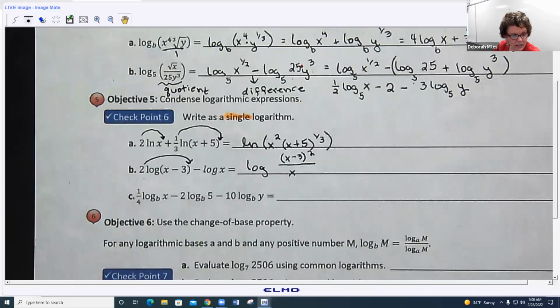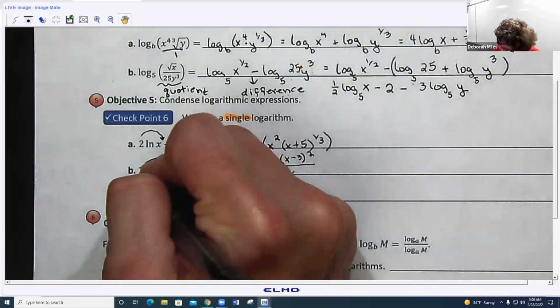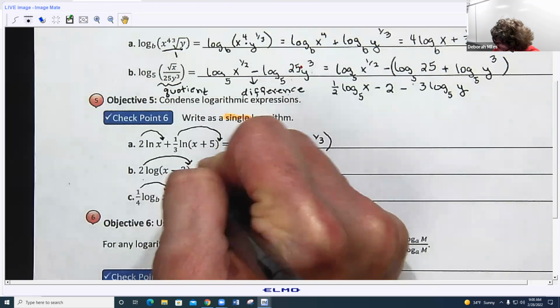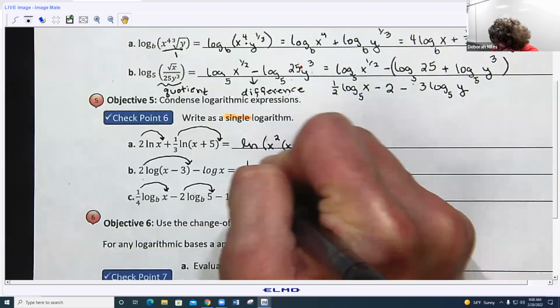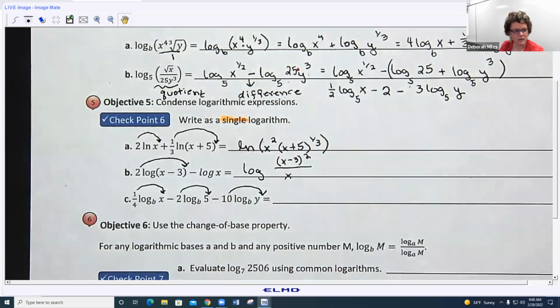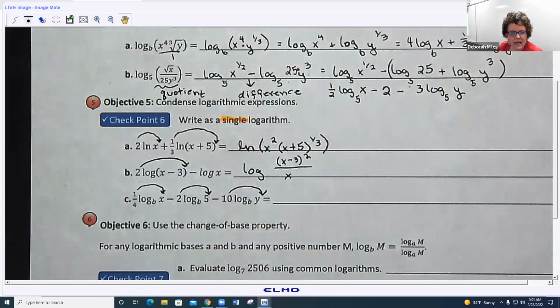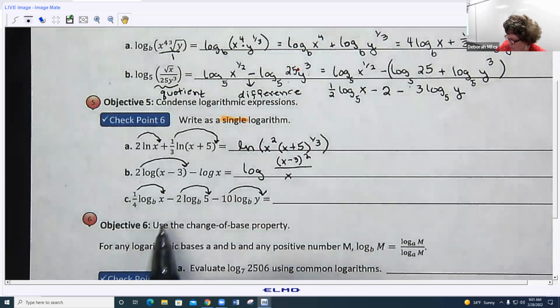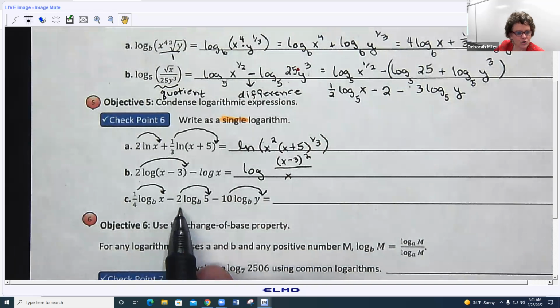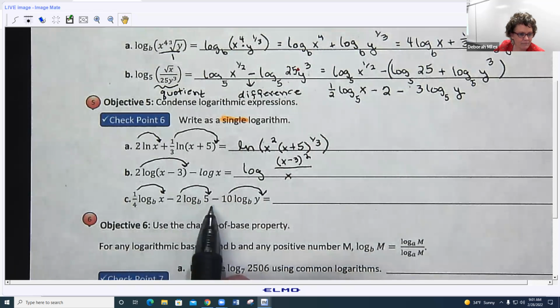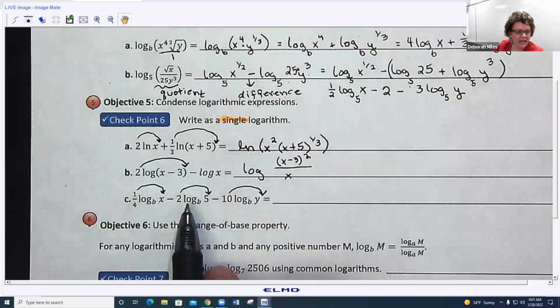All right, last one of these. I can put each coefficient back as the exponent. And you may have a question about when you put this 2 back as the exponent of 5, do you put it back as 5 squared or 5 to the negative 2?